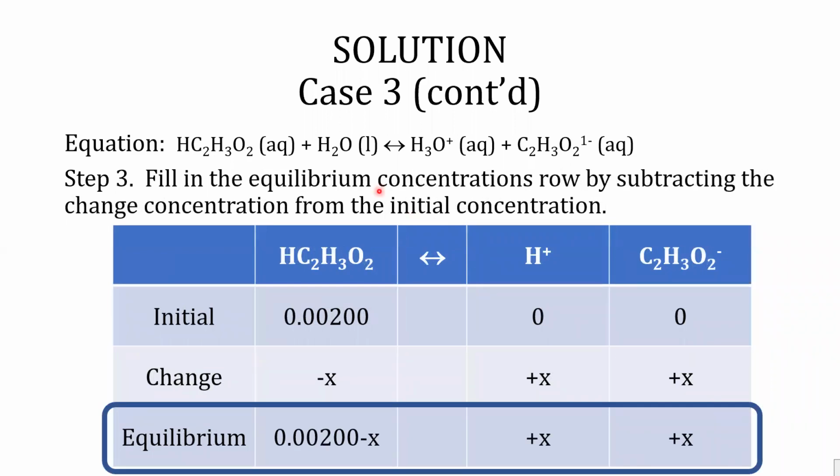Step 3 is to fill in the equilibrium concentrations row by subtracting the change concentration from the initial concentration. After doing that, the equilibrium concentrations are 0.00200 minus x for HC2H3O2, and for H plus and C2H3O2 minus, both have an equilibrium concentration of x.